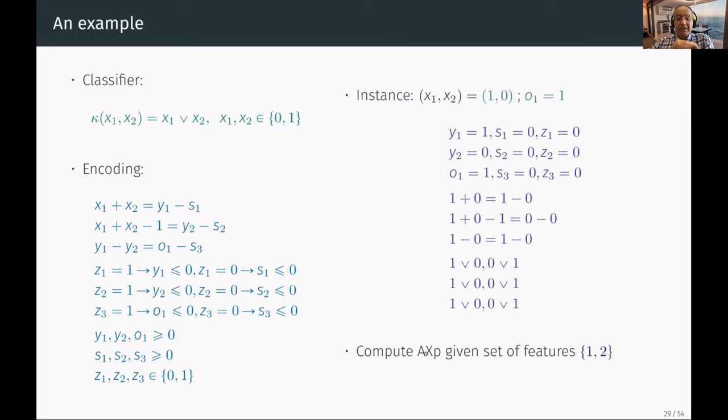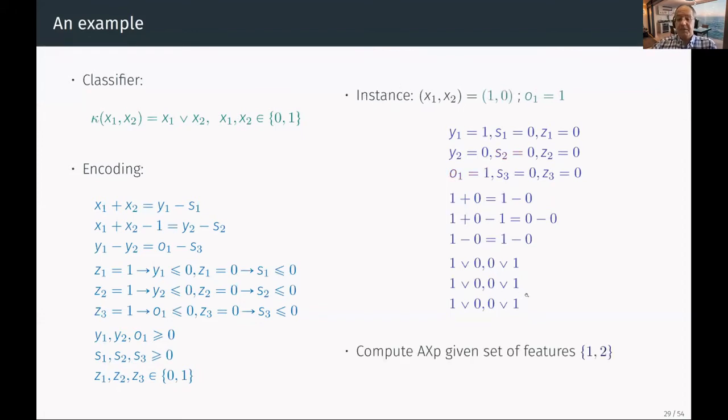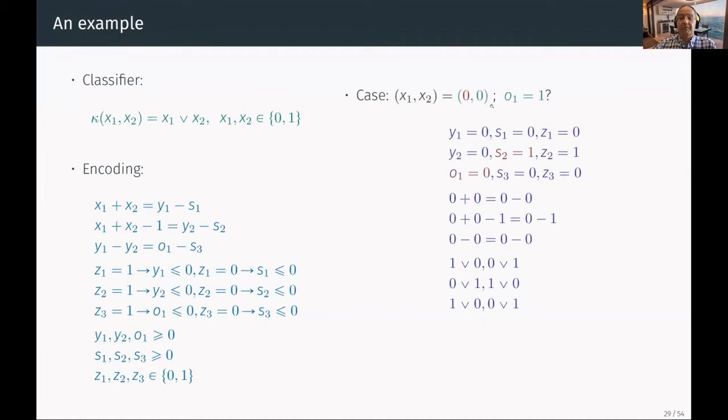So I want to compute an AXP, an abductive explanation or a PI explanation, so a prime implicant, given the set of features 1, 2. The first question is, can I get rid of feature 1? An easy way to do this is, can I flip the value of x1 from 1 to 0? Of course, I need to keep the prediction.